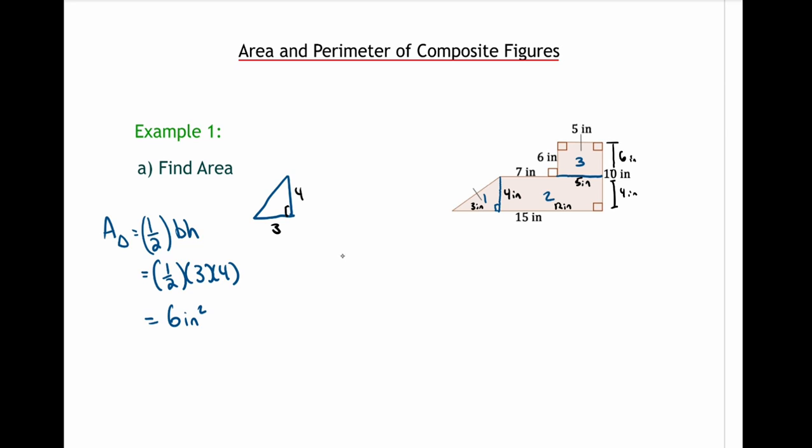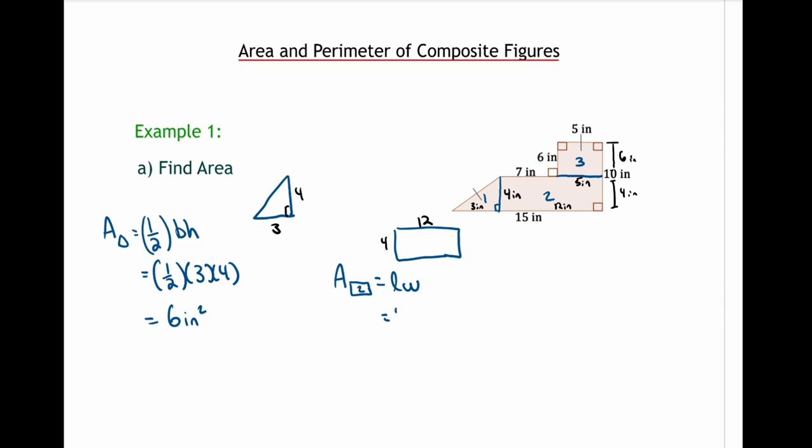If I look at the area of my long rectangle, or the number 2 shape, let's move this down so I can draw it separately. We know that one length was 4, the other one was 12. The area of a rectangle formula is length times width.